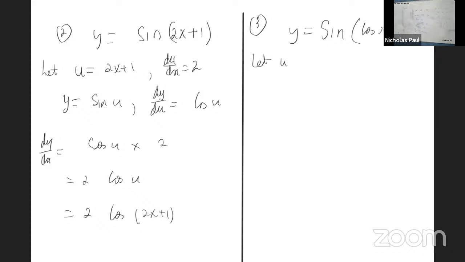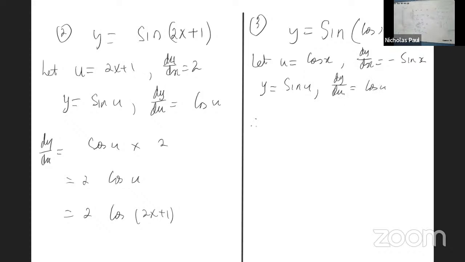So we could let u equal cos x. So du/dx is equal to negative sin x. And then y is sin u, so dy/du is equal to cos u.